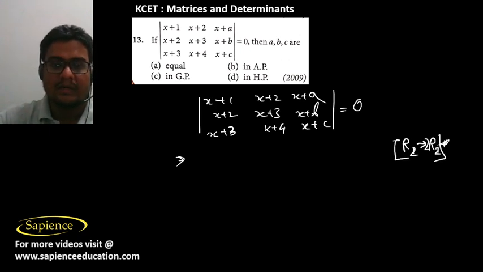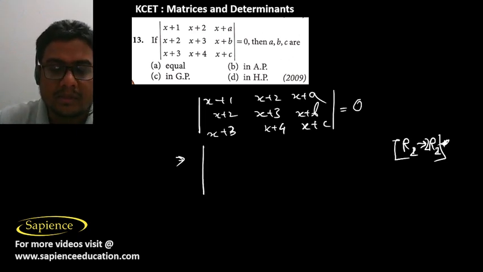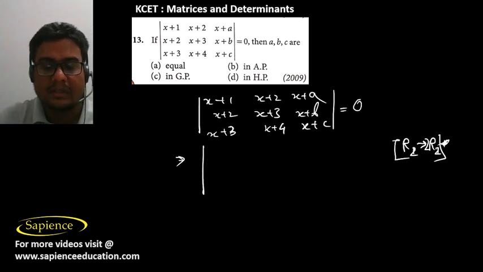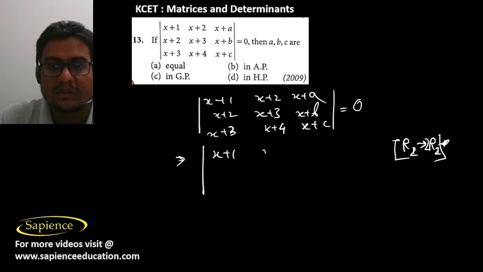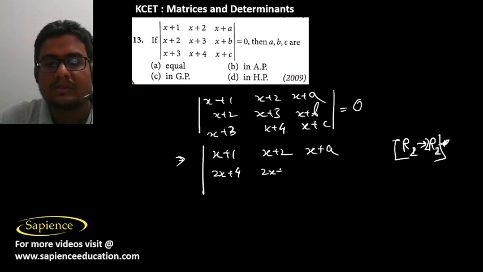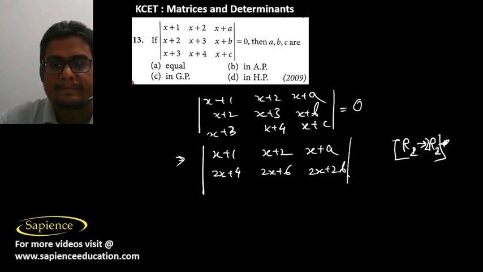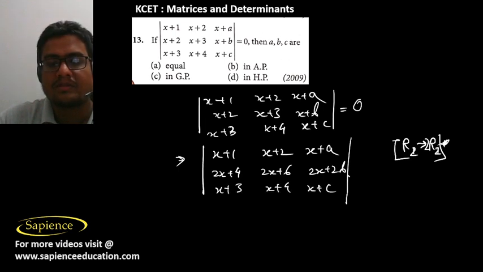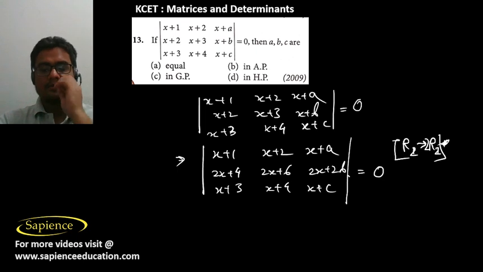So then we will have the determinant of x plus 1, x plus 2, x plus a. And here we will have 2 into x plus 2, that is 2x plus 4, then 2x plus 6, then 2x plus 2b. And then x plus 3, x plus 4, x plus c, that is equal to 0.